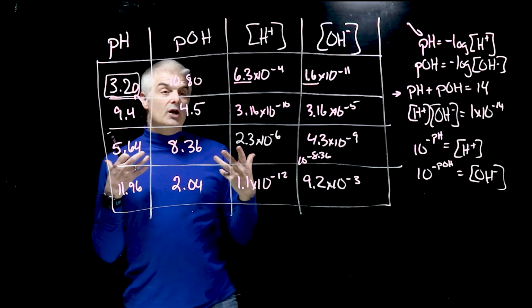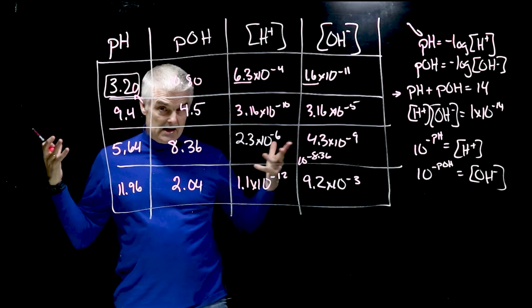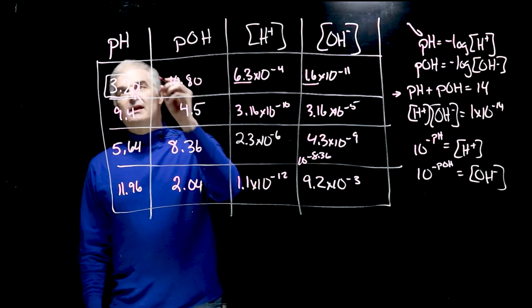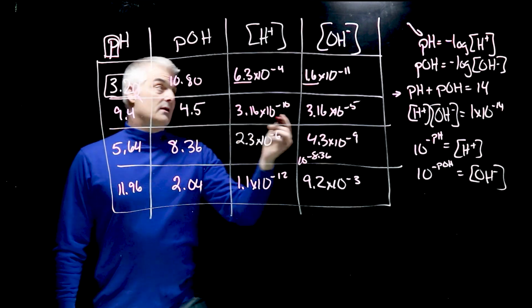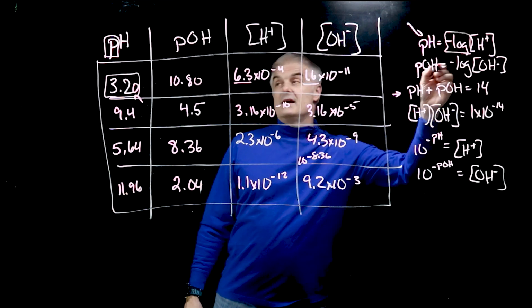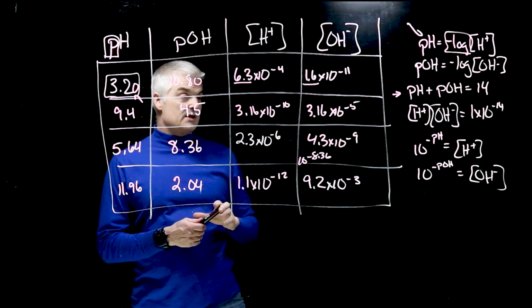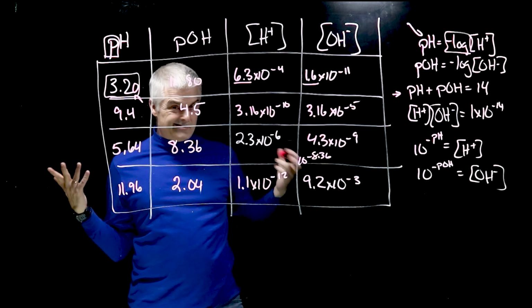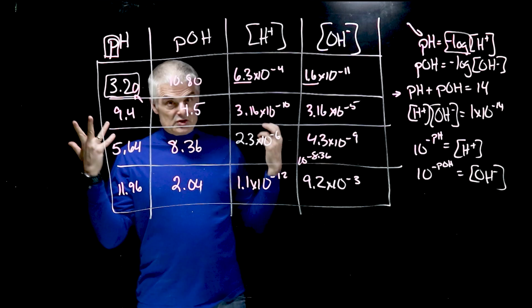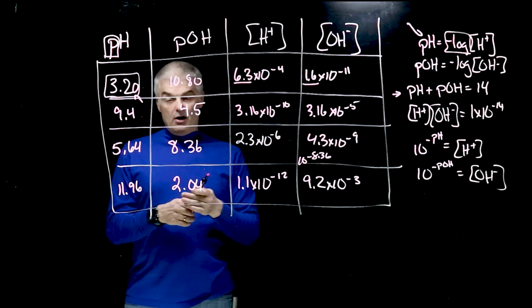So pH and POH. Now the big concept, we said at the beginning, is that P means negative log. That's basically what P means. And H represents the concentration of the hydrogen. And if I'm asking the question, which is actually the more important question, which of these solutions is acidic, which one is basic, which one is neutral, all I ever do is look at the pH.